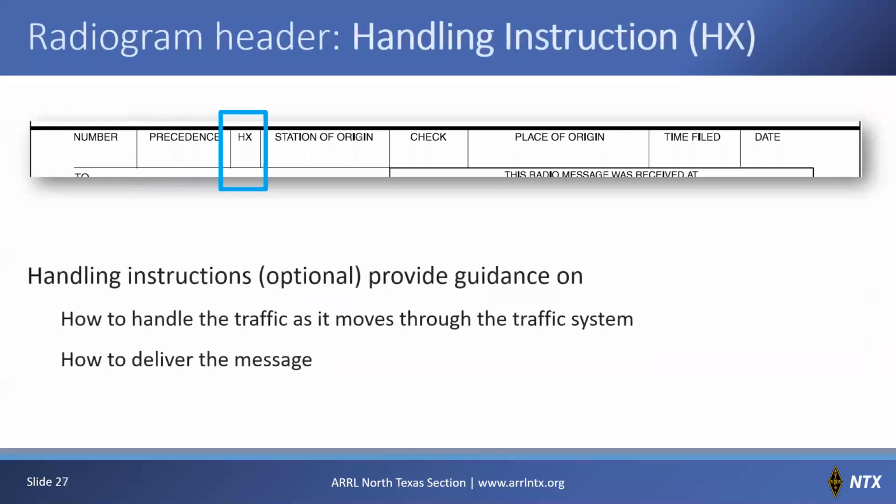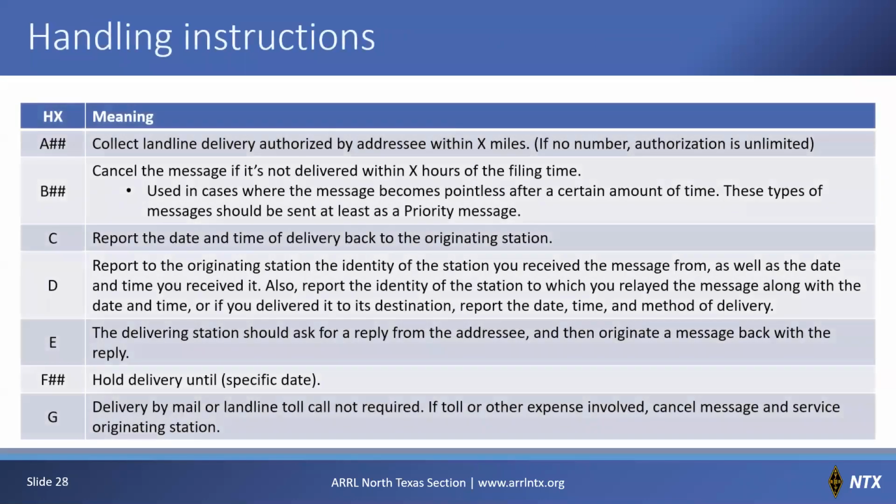The next one is a handling instruction. This is one of two that are optional. This one helps if there's some information about how that traffic should flow through the system as it's going, or how it should be delivered. These are listed in that little reference guide I've got, but I've got them up here on the screen.